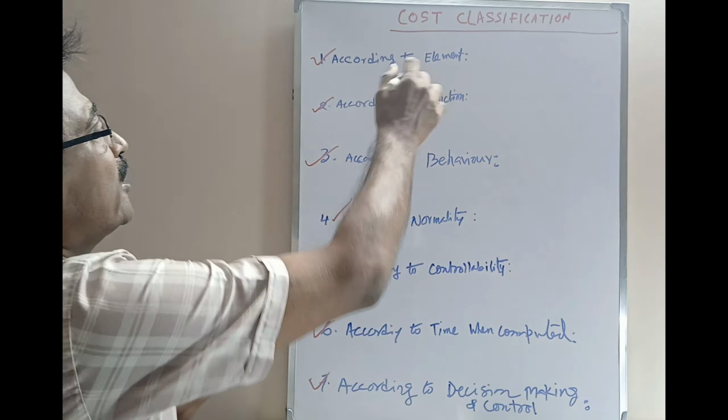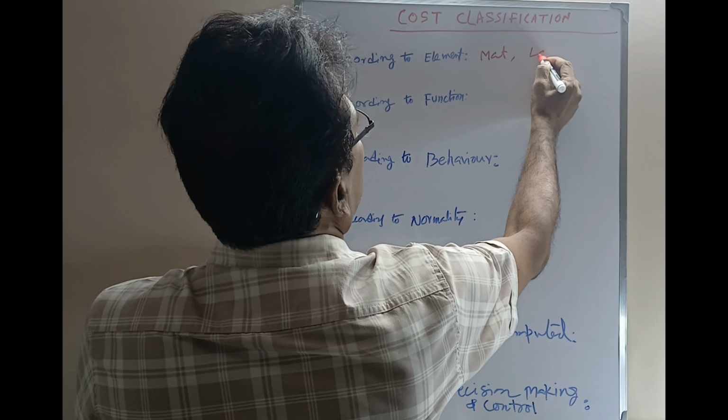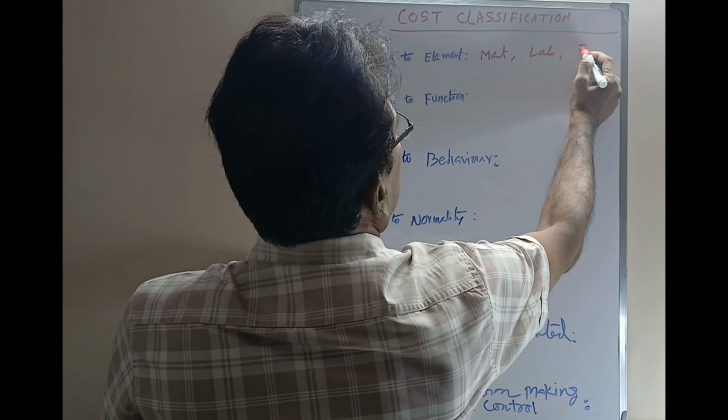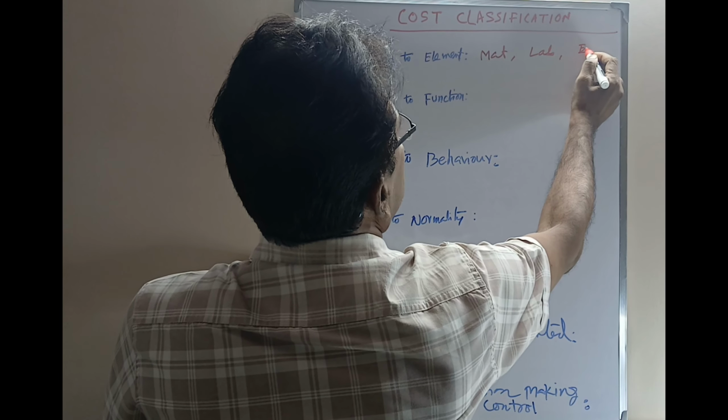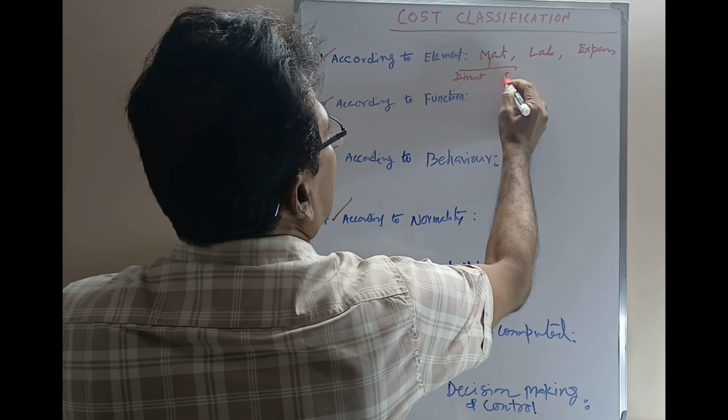According to element, costs are classified into three: material, labor and expenses. Material is divided into direct material and indirect material.